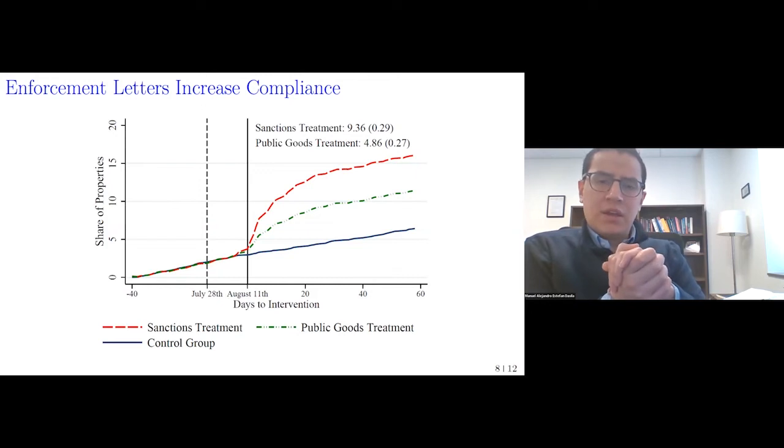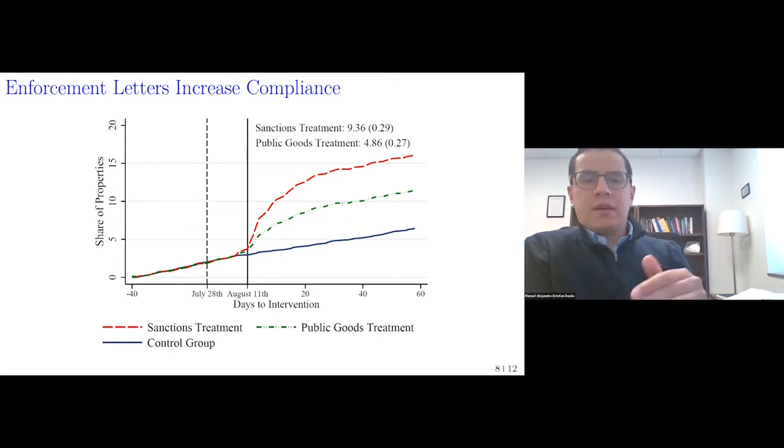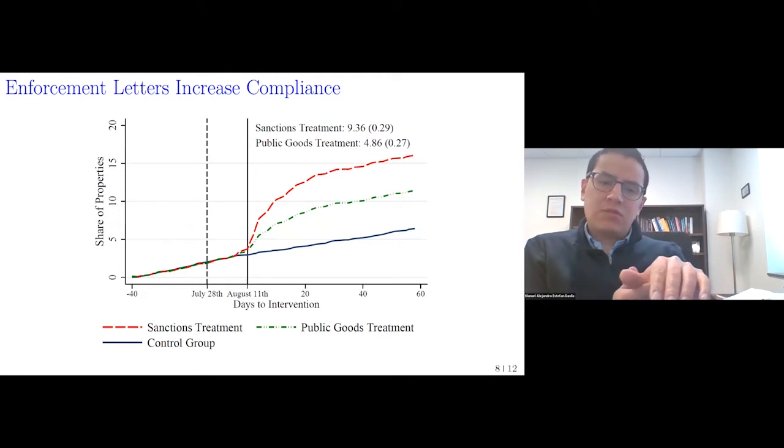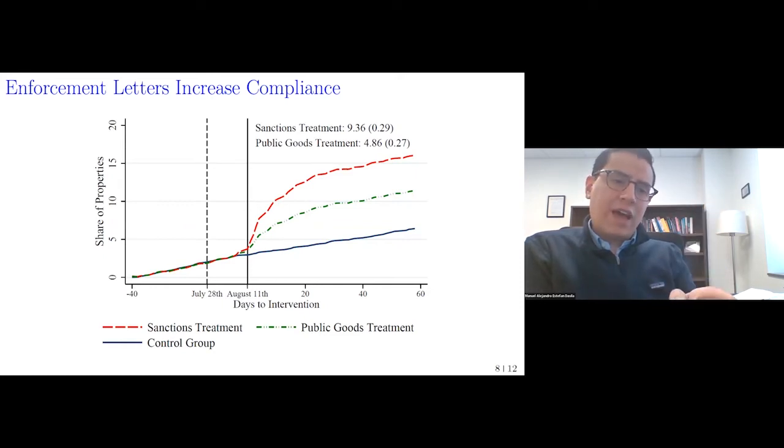What I show you in this graph is the payment responses of taxpayers in each of these two groups to the letter they receive. On the x-axis of the graph is the number of days relative to the submission of the letters by the government, and on the y-axis is the share of properties that make a payment toward their overdue balance.